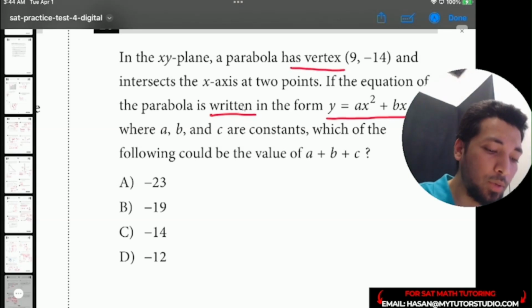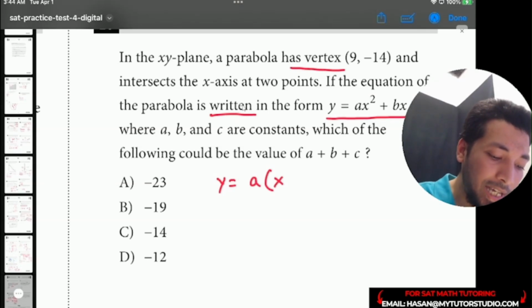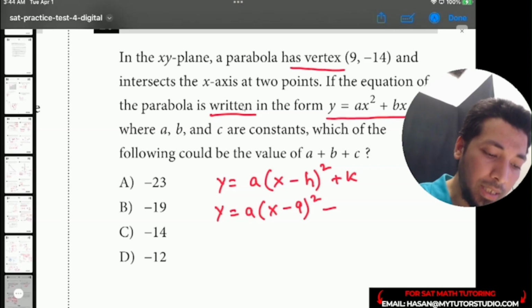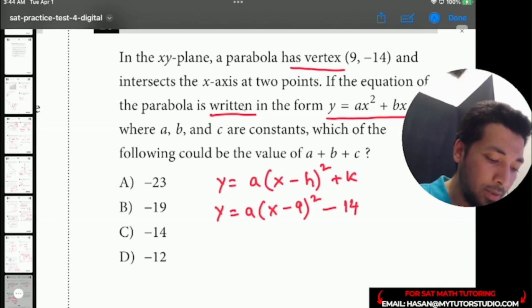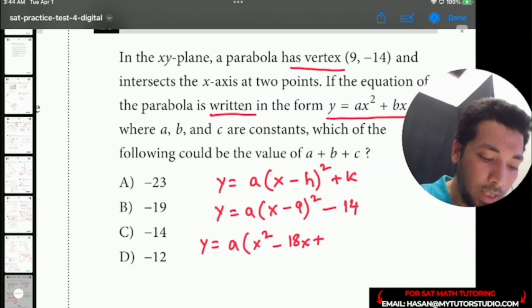So whenever we know that we have a vertex, we can write the vertex form first. So y is equal to a times x minus h whole square plus k. So I can write this as y is equal to a times x minus 9 whole square minus 14. Now I can apply the distributive property. I'm getting y is equal to a times x square minus 18x plus 81 minus 14.